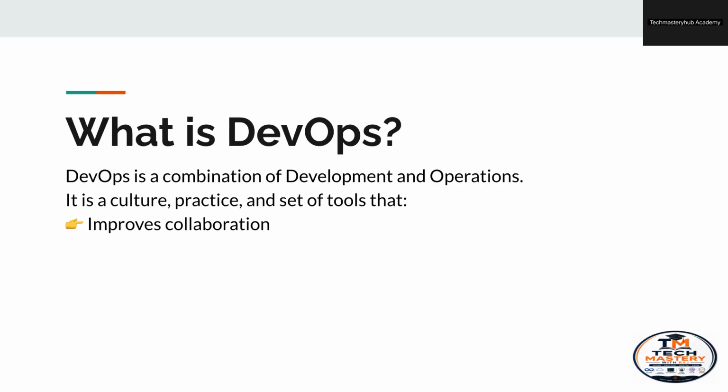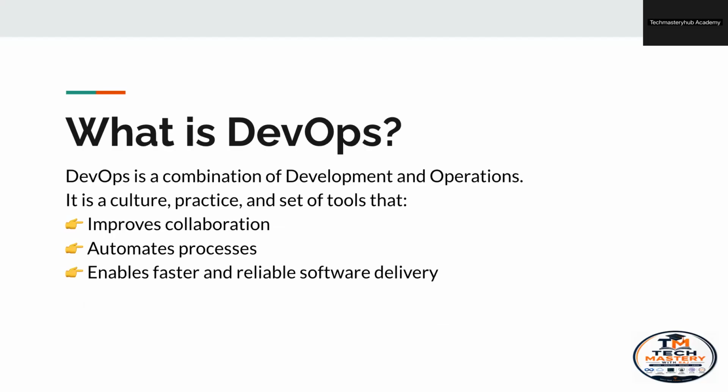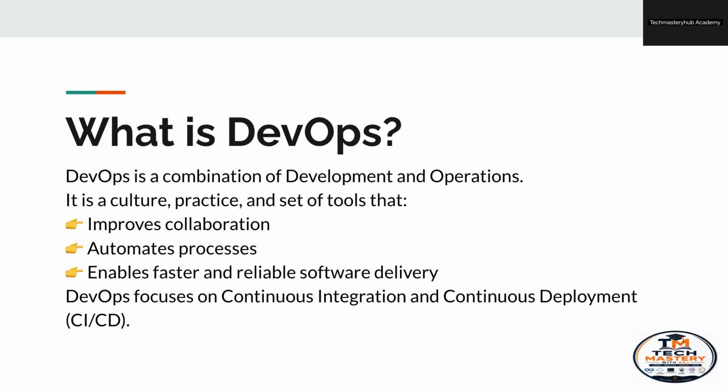DevOps automates the processes, and it enables faster and reliable software delivery. So DevOps focuses on continuous integration and continuous deployment. Continuous integration is CI and continuous deployment is CD.